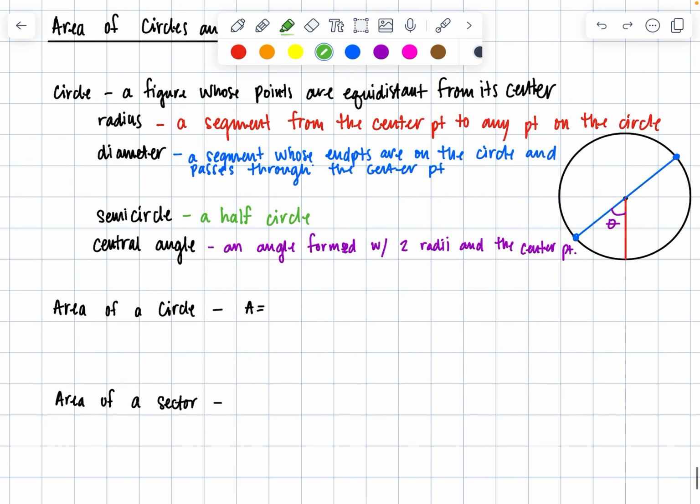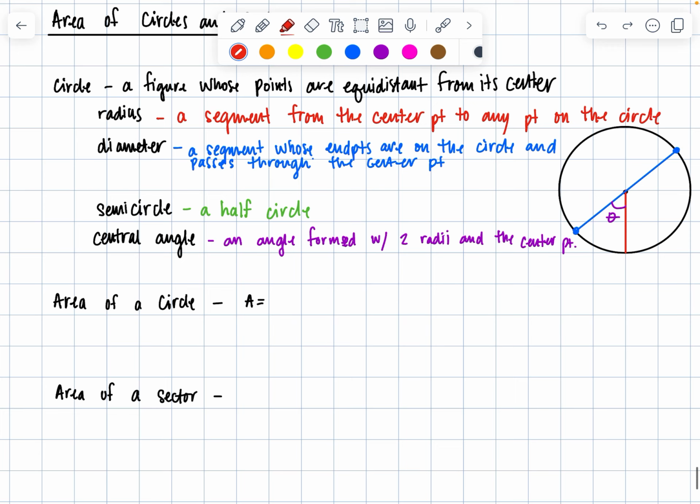Okay, so a lot of moving parts, a lot of new definitions for circles. We've worked with circles before, but we just have formal definitions for them. So area of a circle is, you might have seen or heard this before, pi times radius squared.